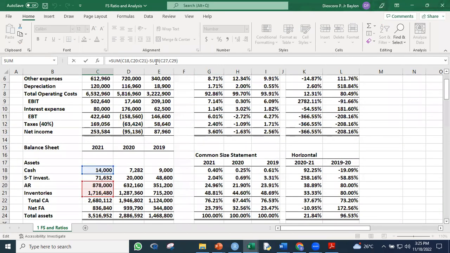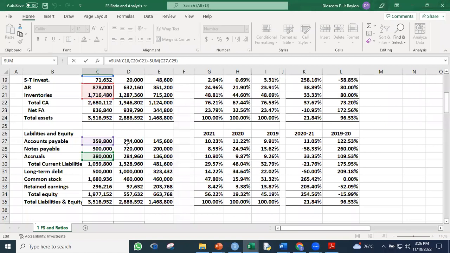Sum ng operating current assets, cash, AR, and inventories, minus sum ng current liabilities, your accounts payable and accruals. All right, yeah, it's 1.868. Tama, no? 1.868, 680. Thank you, Vic, at saka thank you, Micaela.